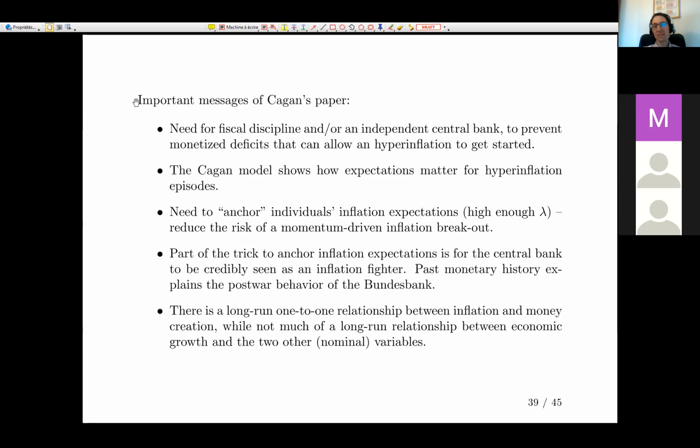So this is a good lesson that we have to take home with us. First of all, in Cagan's paper, he says something that we've really known since the 70s, 80s, and 90s, but even early on, you can see that he already realized there's a need for discipline.